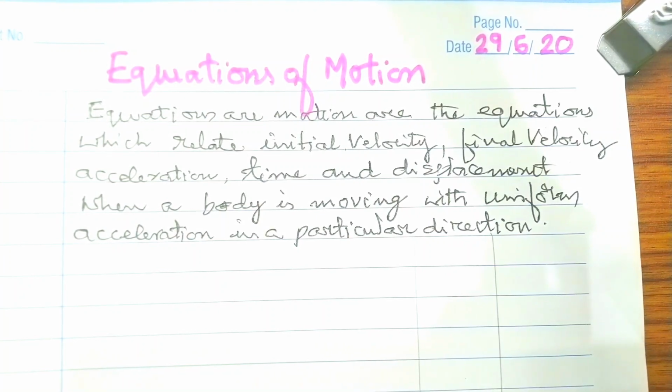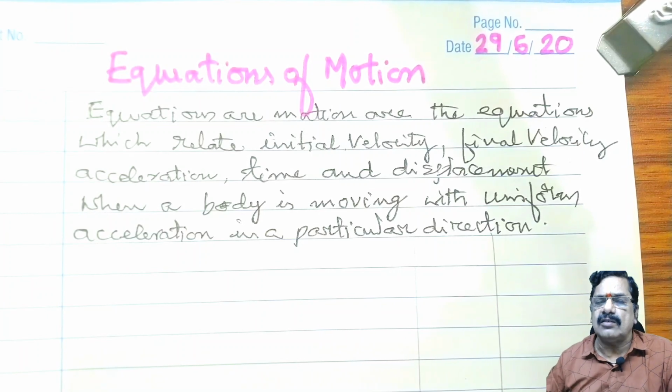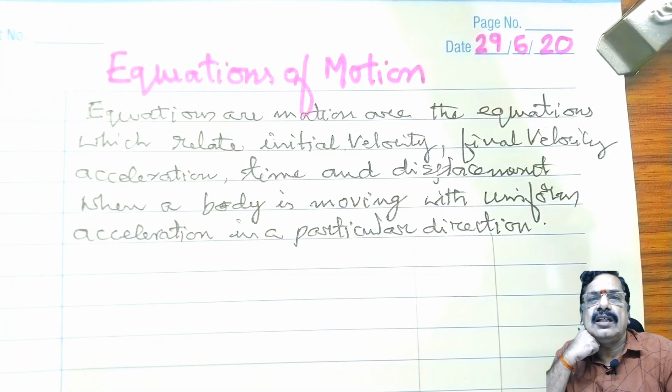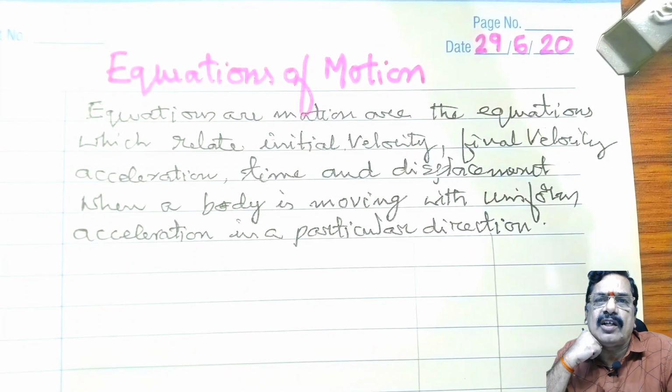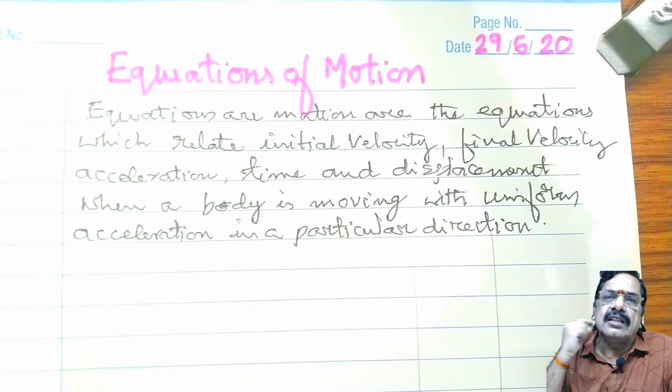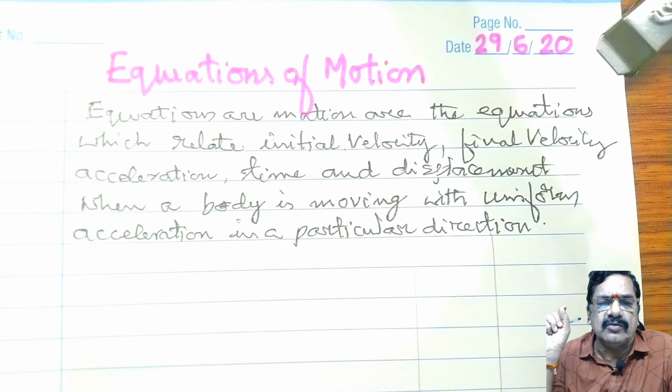In previous classes, I told you that the best example of the uniform accelerated motion in a particular direction is a freely falling body. Today we will take up that freely falling body and the quantities involved in it and the relation between these quantities which will give the equations of the motion.